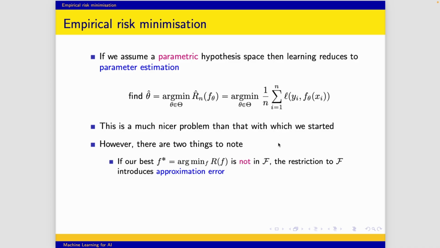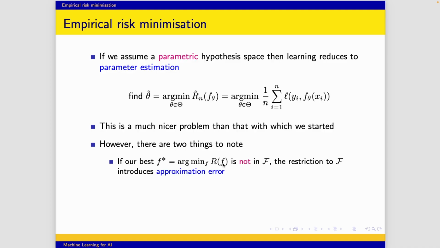So, for example, we might use a hypothesis space of linear functions, whereas the true or the best prediction rule or predictor is actually some much more complicated nonlinear function. But we're only looking at functions that are linear or affine.